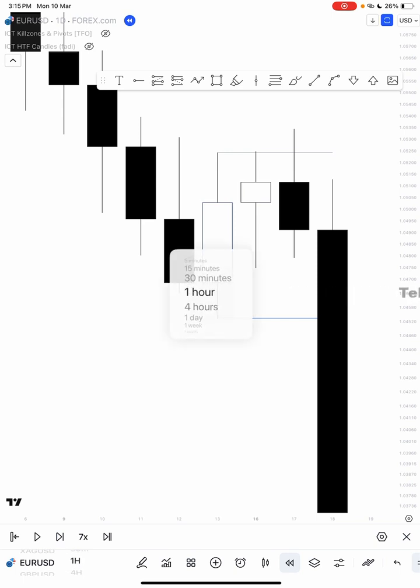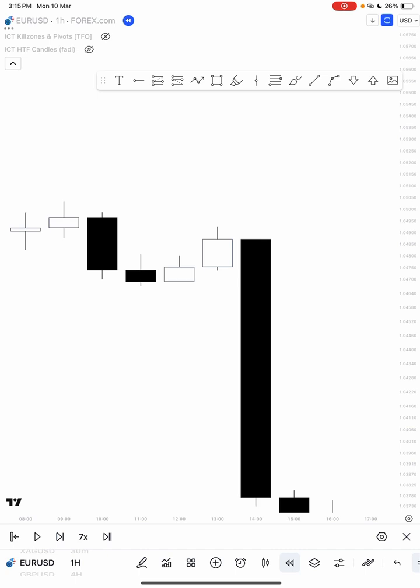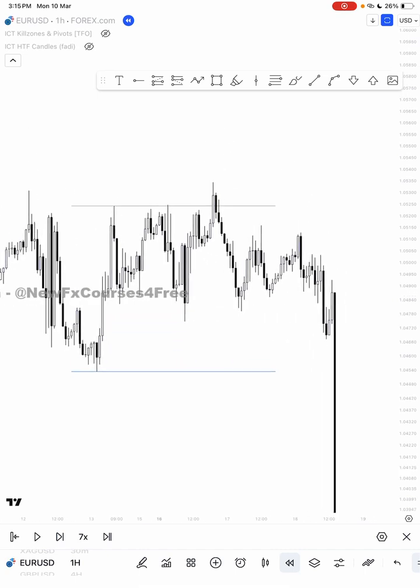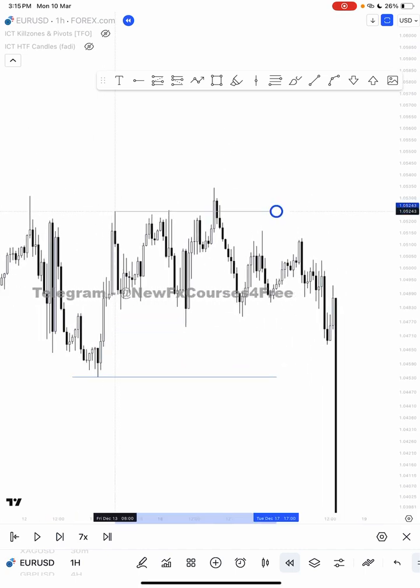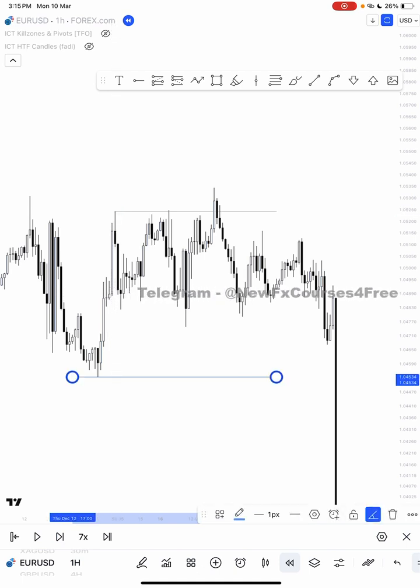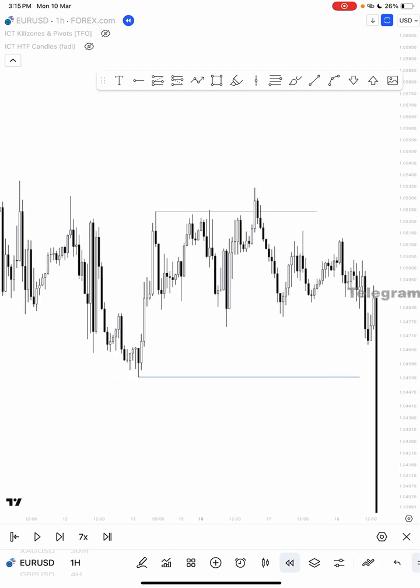So let's go to the lower time frame and see what we got. So here, range high swept. Remember, consolidation is actually generation of interest.